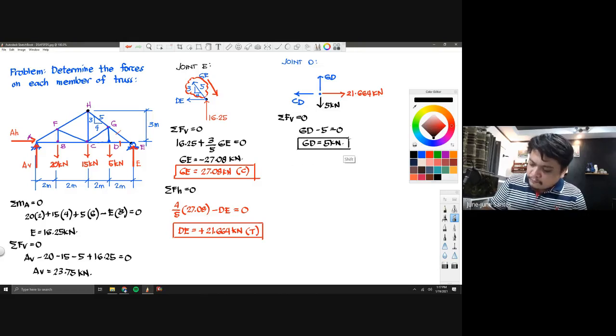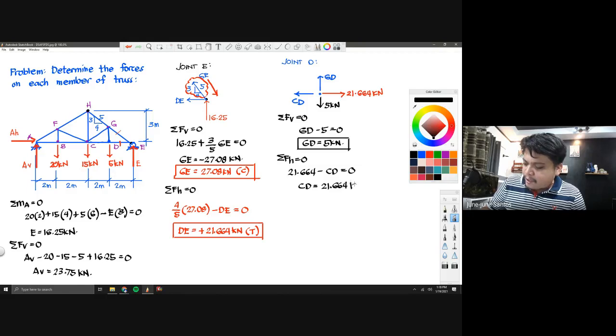Okay? And then summation forces horizontal equal to 0, I could have 21.664 minus CD is equal to 0. So that my CD equals to 21.664 kilonewton. Okay?